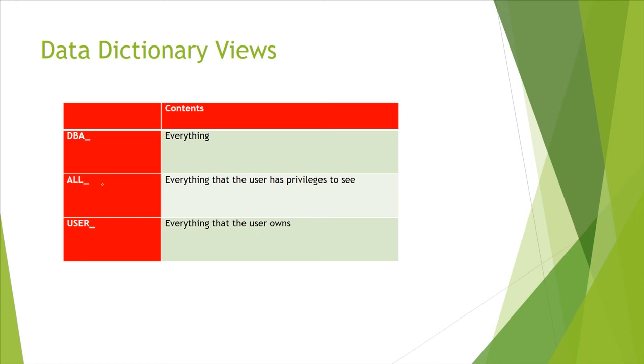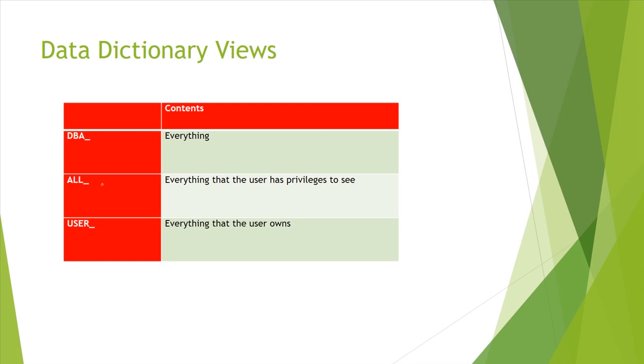If the HR user selects from ALL_TABLES, the statement will return three results: employees table, departments table, and test table. DBA_TABLES will return all tables in the database. This is an example for a table.